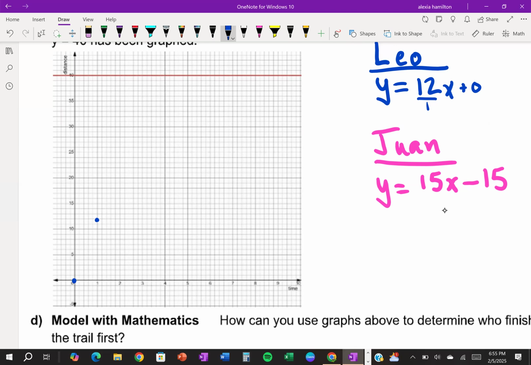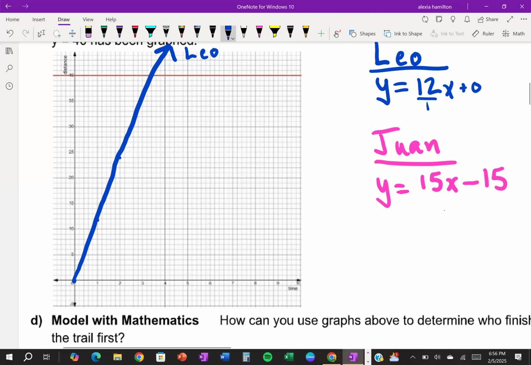And that would be at 2. Okay. And then hopefully I can draw a straight line. Close enough. Okay, so there's Leo's.